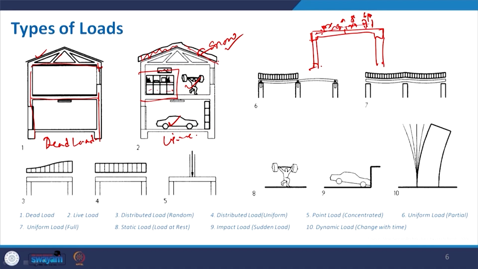At the corner you will have less load than at this particular corner, so it will form something like this. It is distributed, but random, not uniform, though there are cases where it will be uniform. In technical terms we call it UDL, uniformly distributed load.